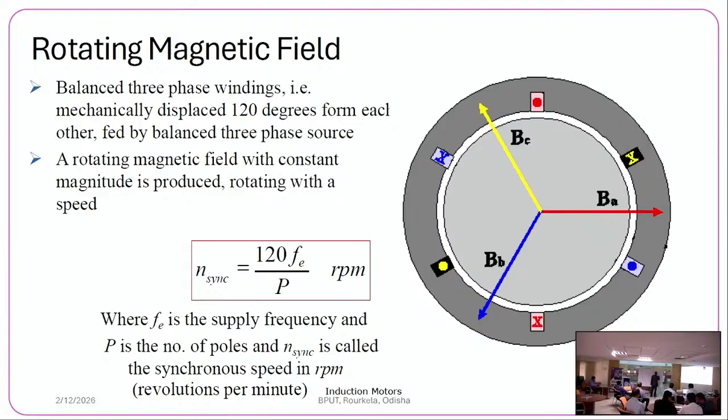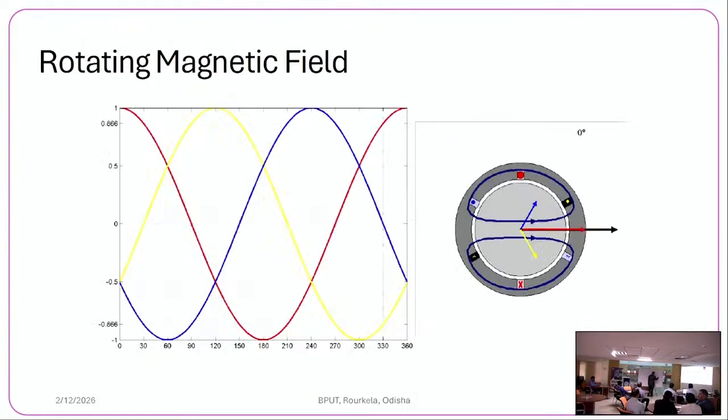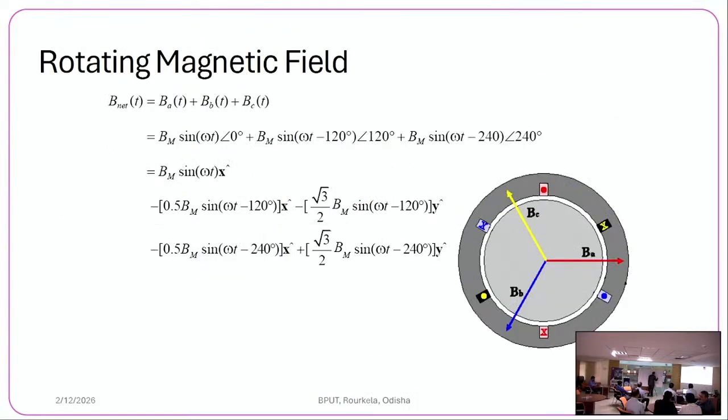It is producing fluxes phi R, phi Y and phi B. Three phase fluxes. Flux is MMF by reluctance. That is fine.